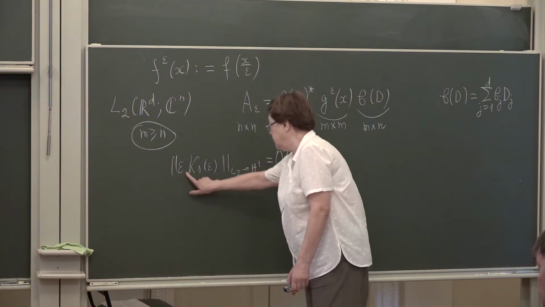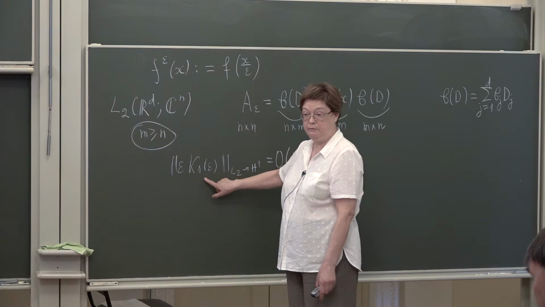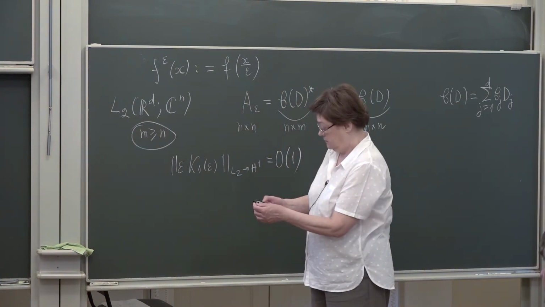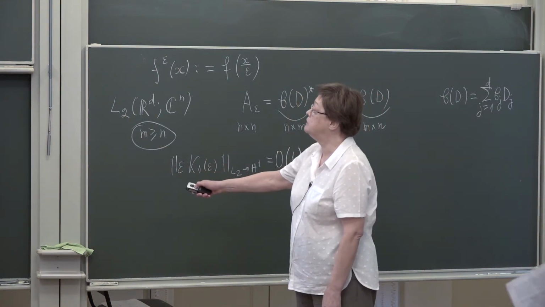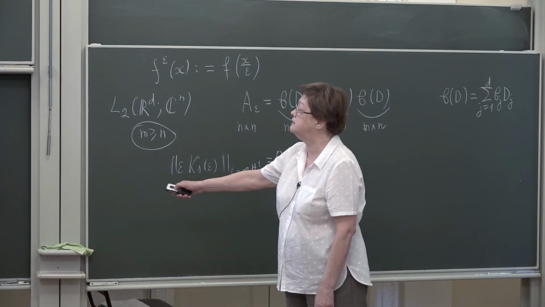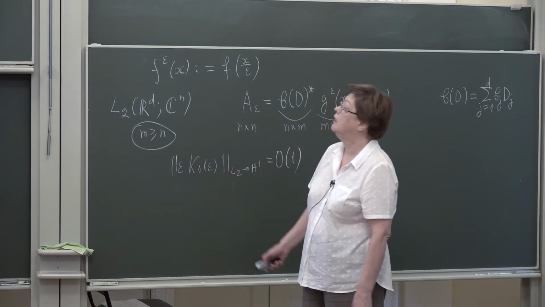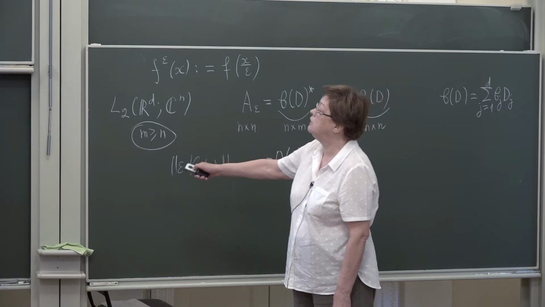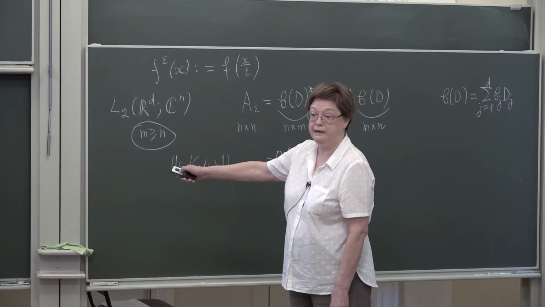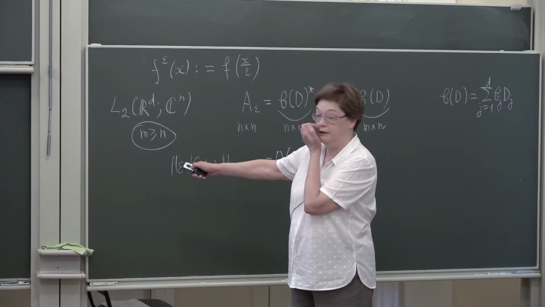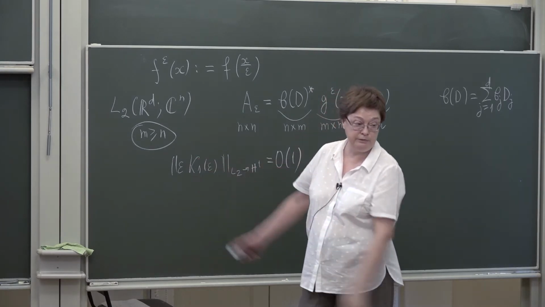And so K1 itself is of order 1 over epsilon. So this term is of order 1, but the difference is of order epsilon. And in estimate 2, this term is of order epsilon in the L2 operator norm. The difference is of order epsilon squared.